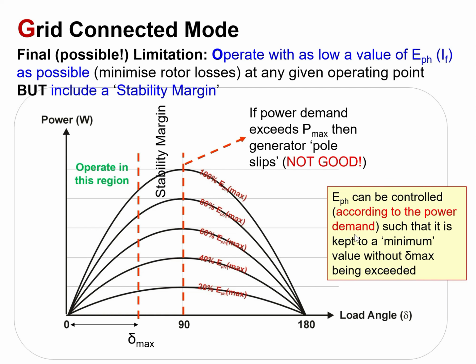So basically operate with as low a value of the excitation voltage as possible, and this can be controlled by the DC current which is fed to the rotor winding. In this case, it is kept to a minimum value, and without the load angle reaching 90 degrees. So always, in this case, the load angle is kept below a maximum value, to ensure a stability margin is obtained for the operation of the generator.